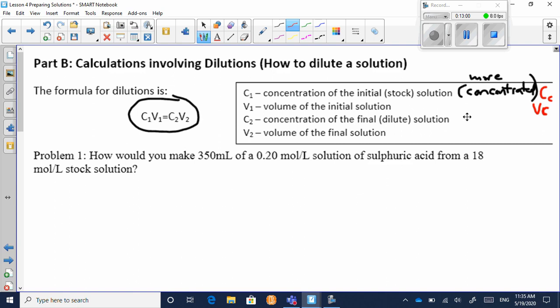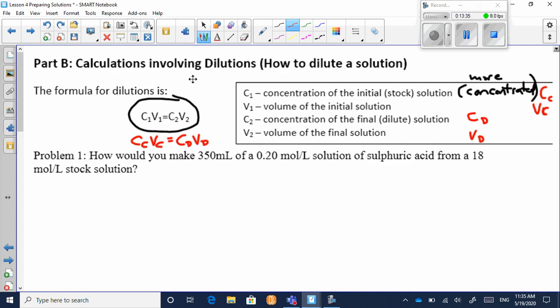And then C2, they'd write CD, so the concentration of your dilute solution, and VD, the volume of your dilute solution. So just so you're aware, sometimes you'll see it written like this, CCVC is equal to CDVD. So either one of those is correct. I just wanted to show you that.